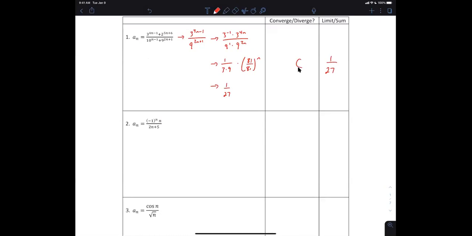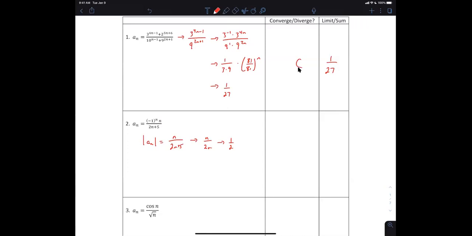And then when you have an alternating sequence, we would almost always look at the absolute value of the sequence and figure out what that does. So the absolute value goes to 1/2. Now, if the absolute value goes to 0, then the original sequence goes to 0.